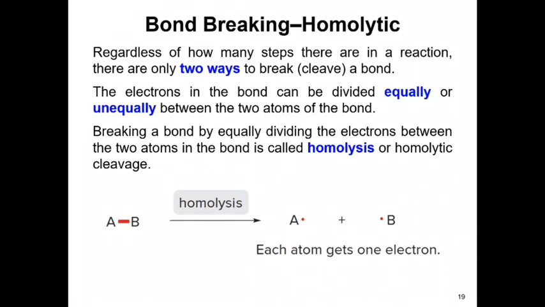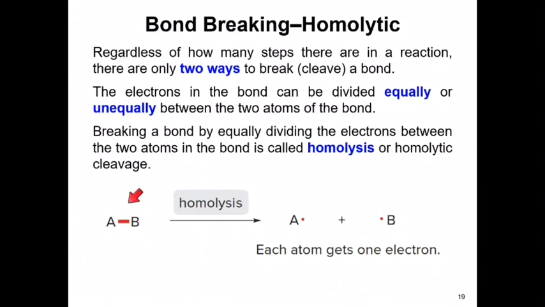So there are two ways to break a bond, either homolytically or heterolytically. Here's a single bond connecting atoms A and B, and you know that a single bond contains two bonding electrons. When you break this bond homolytically via homolysis, that means you're distributing the two electrons evenly or equally among the two atoms involved in this bond.